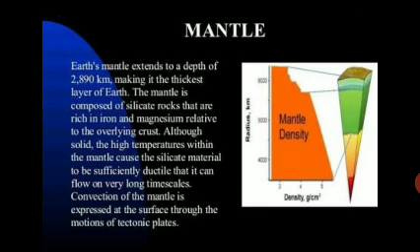Although solid, the high temperatures within the mantle cause the silicate material to be sufficiently ductile that it can flow on very long time scales. Convection of the mantle is expressed at the surface through the motions of tectonic plates.